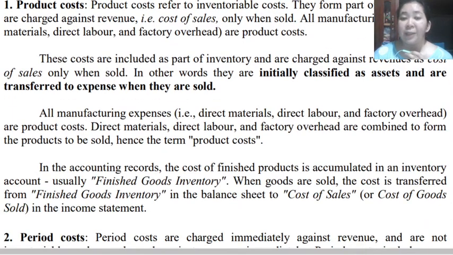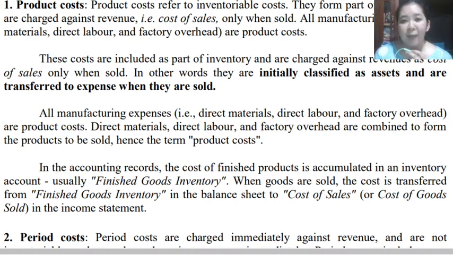So in the accounting records, as mentioned earlier, normally we are using the finished goods inventory. So why finished goods inventory and not inventory in general? Normally, on the face of the balance sheet, what you can see there is the inventory account. But under the notes to financial statements, there you will classify what are the items that are included in our inventory account.